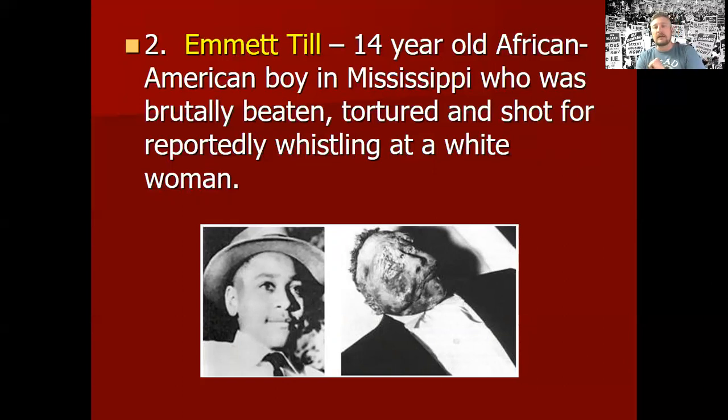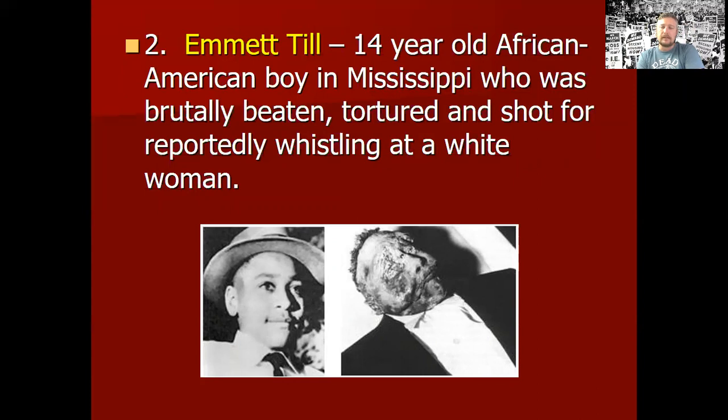He crossed that line in the South that Black boys and girls, men and women, were not supposed to cross. The woman did tell her husband, who got his brother-in-law, and they decided to find Emmett Till. They tracked Emmett Till down to his uncle's house, where he was staying. They kidnapped Emmett Till. They tortured the young boy.